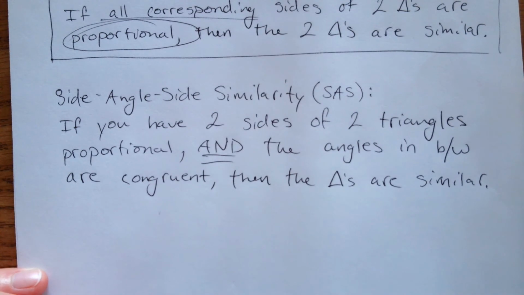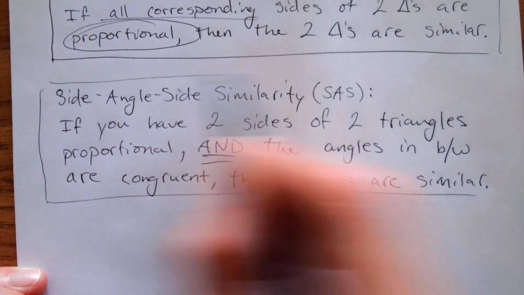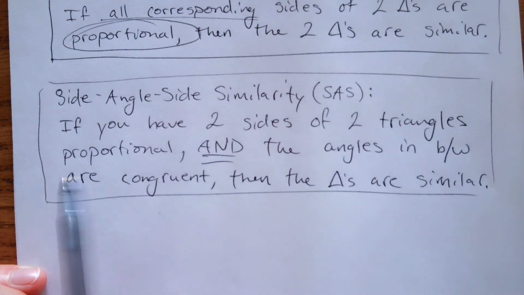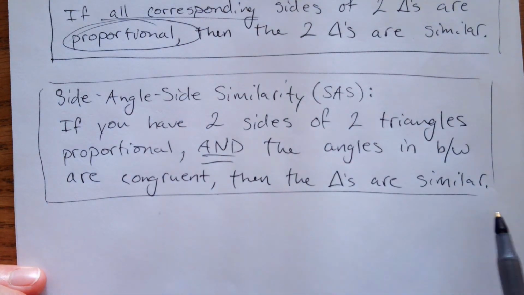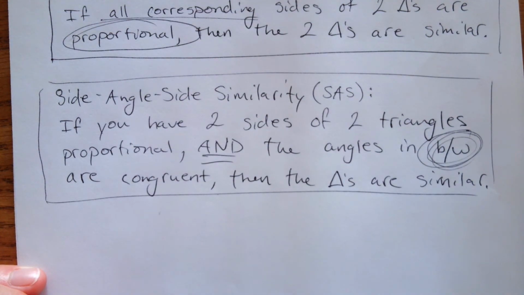And we'll definitely see what this means once we get to our examples. But if you have two sides of two triangles proportional and the angles in between are congruent, then the two triangles are similar. You must have the angles in between. The angles that are congruent have to be in between the two sides that are proportional.